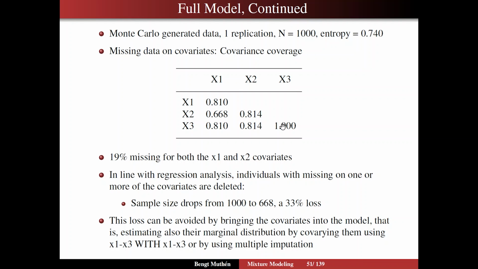Now, X1 and X3 has no missing data. So this loss can be avoided by bringing the covariates into the model, that is, estimating their marginal distribution by covarying them using the WITH statement, or alternatively by using multiple imputation.